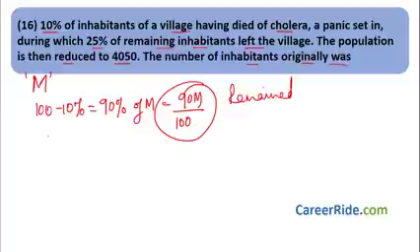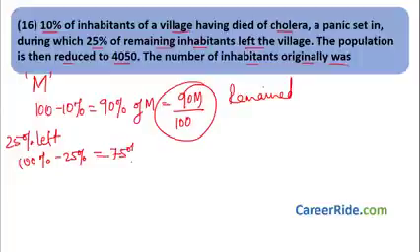Now what have they given? Out of the remaining, that is out of this 90M upon 100, 25% left the village. If 25% left, how many percent are still remaining in the village? 100% minus 25%, that would be 75% of the remaining people remain in the village.